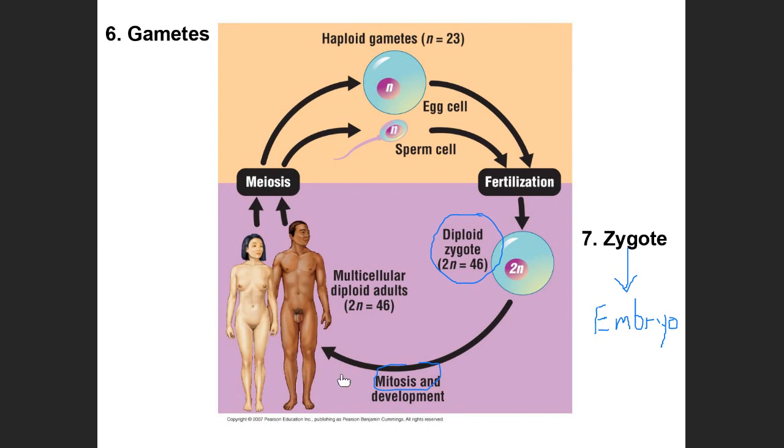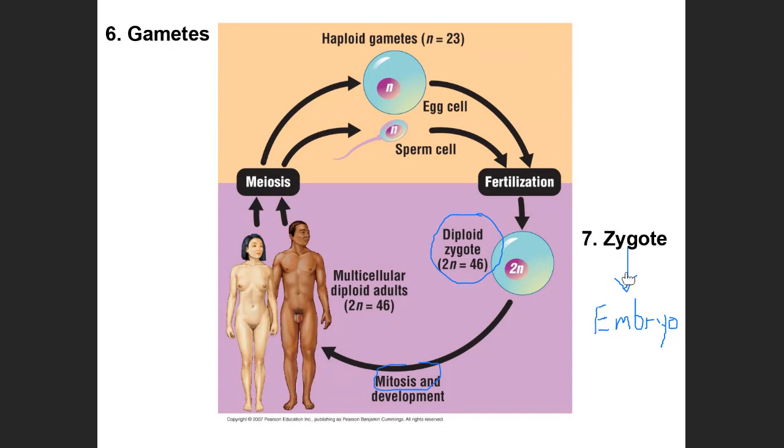Okay, so what happens, and they're not showing it here, is this one diploid cell called a zygote will go through several rounds of cell division involving mitosis. Therefore, this one diploid cell will divide into 2 identical daughter diploid cells.